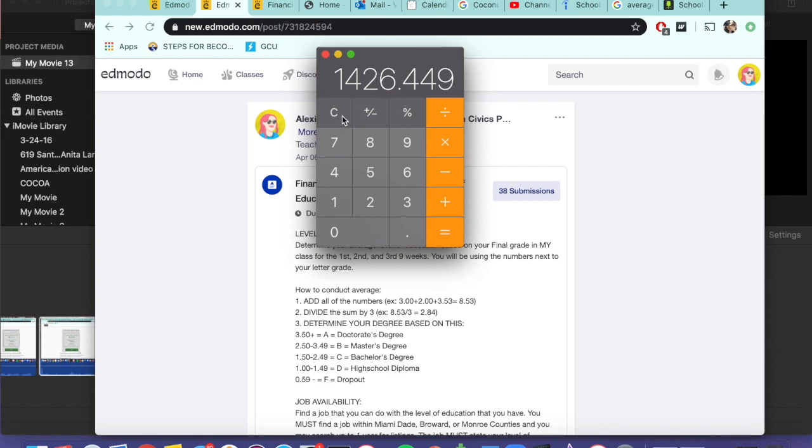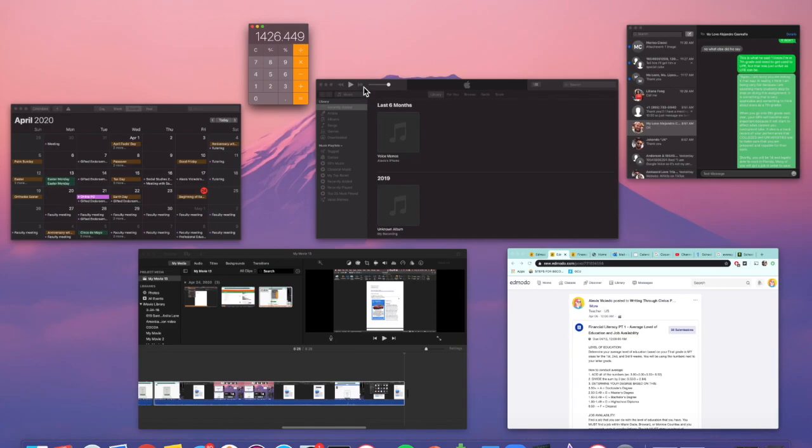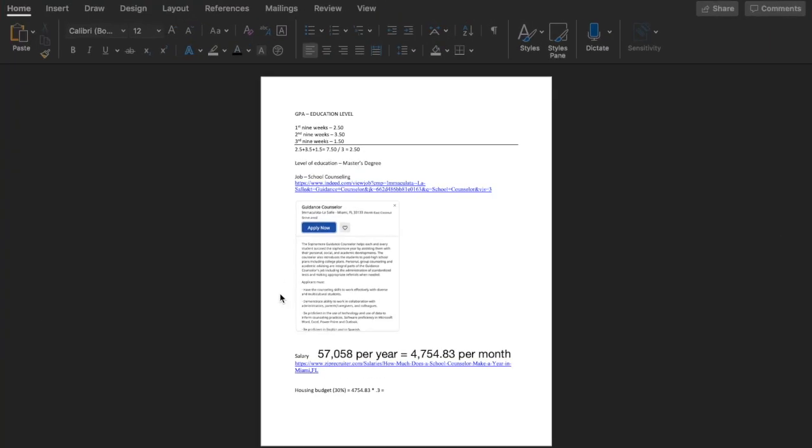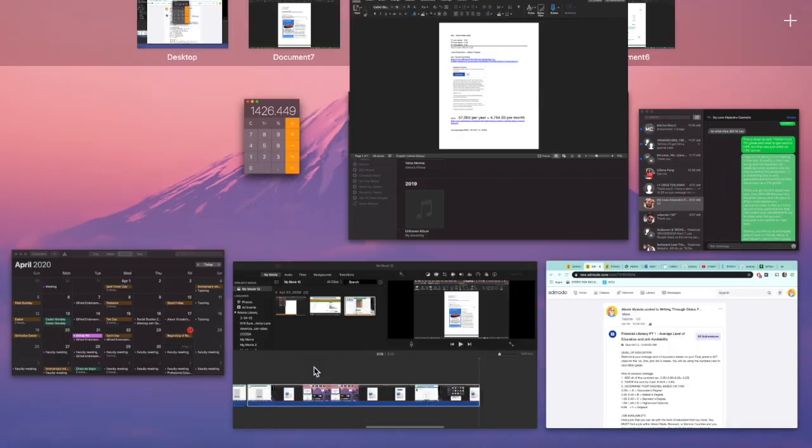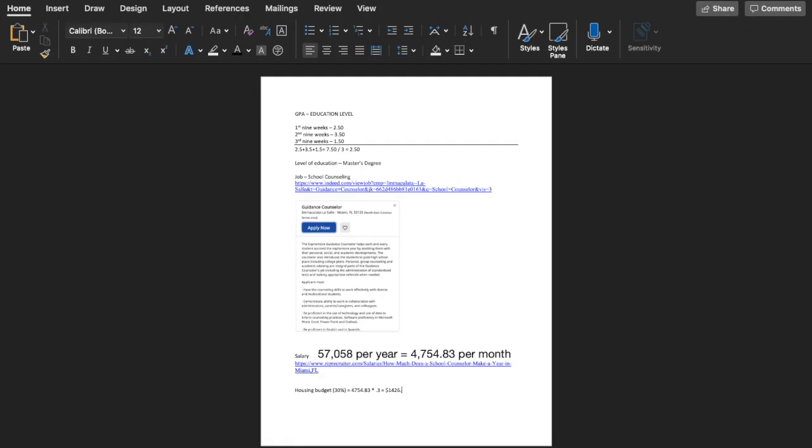That would be how much you would be spending a month, and we would round that to 1426.45. So that would be how much money you have to spend for the housing budget.